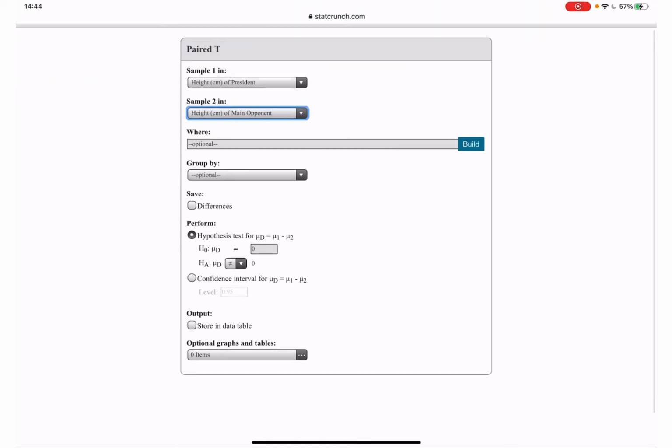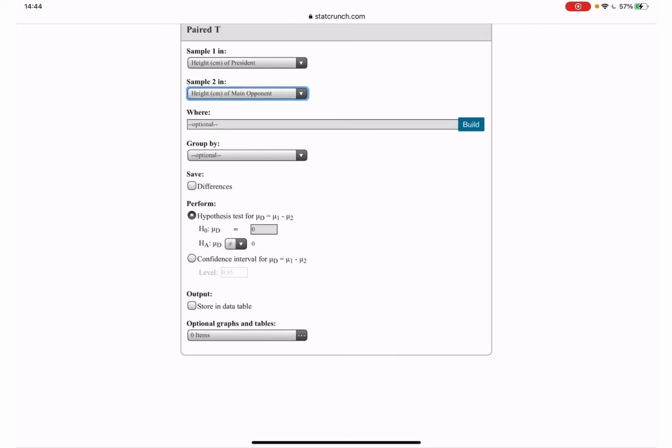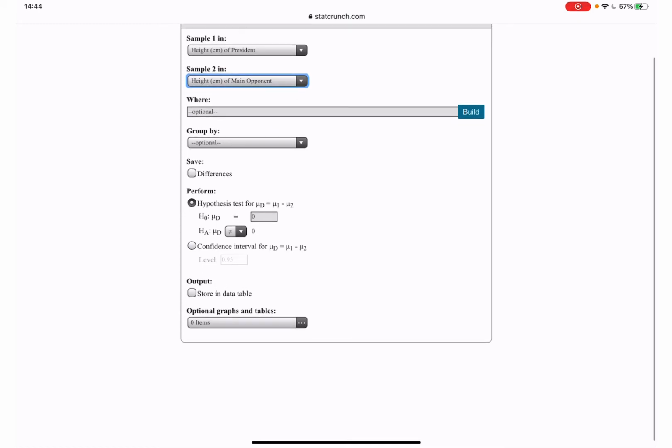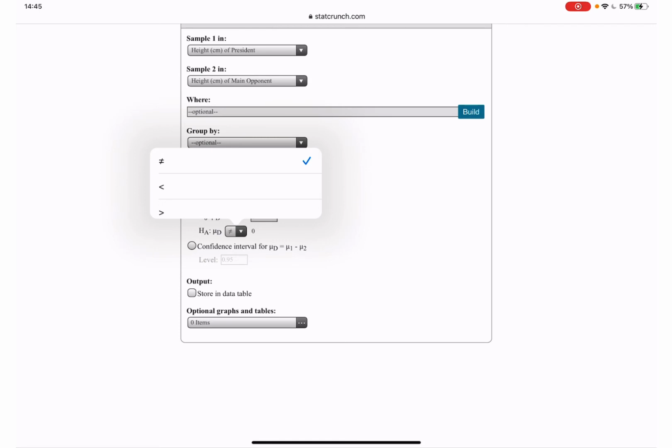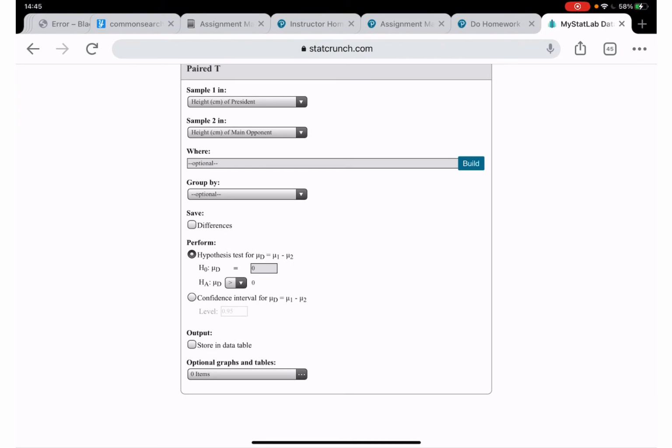Here is the null hypothesis we have. I think I explained it already, but I'll double check; if not, I'll go over it. The null hypothesis in this case is going to be equal, but the alternative is going to be greater, because the problem says that the presidential candidate has an advantage if they are taller than the main opponent, which means it's going to be a left tail test.